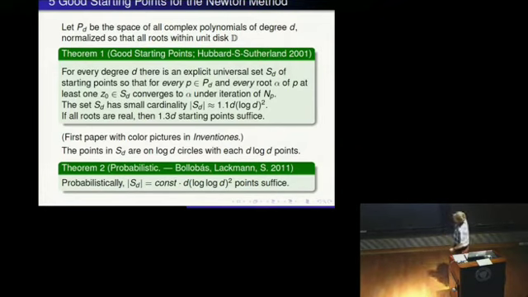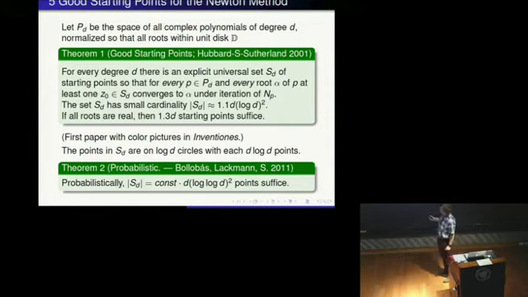So the old news. We fix the degree of polynomials. P_d is the space of all complex polynomials of degree d, and then we scale coordinates so that all the roots are in the unit disk. It's not a loss of generality. You just have to have some bound on where the roots are. So, given the degree, there is an explicit and finite universal set S_d of starting points, so that for every polynomial of this degree and every root of this polynomial, at least some of these finitely many starting points will converge under Newton's method and find this root.